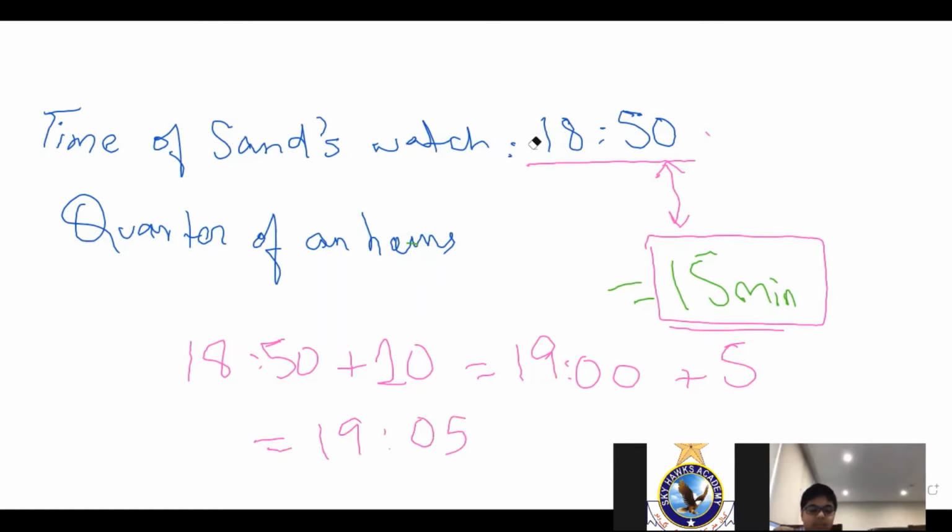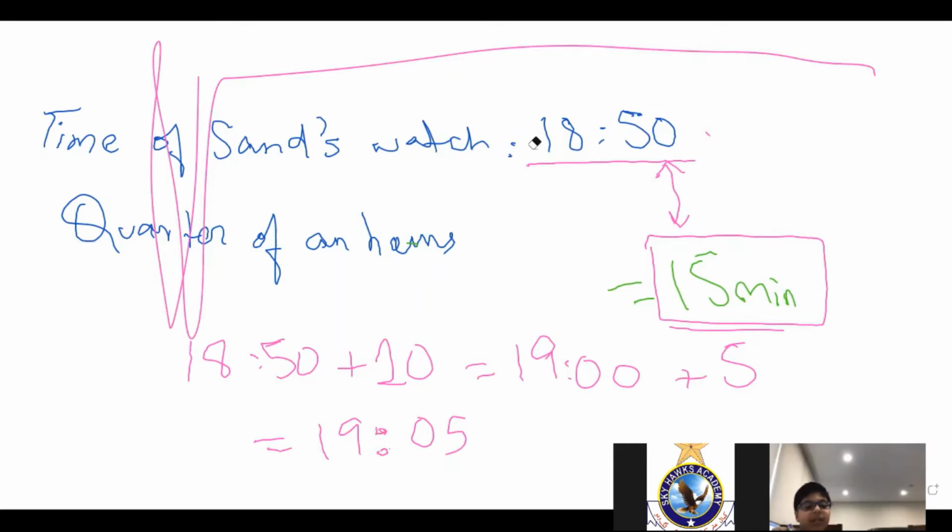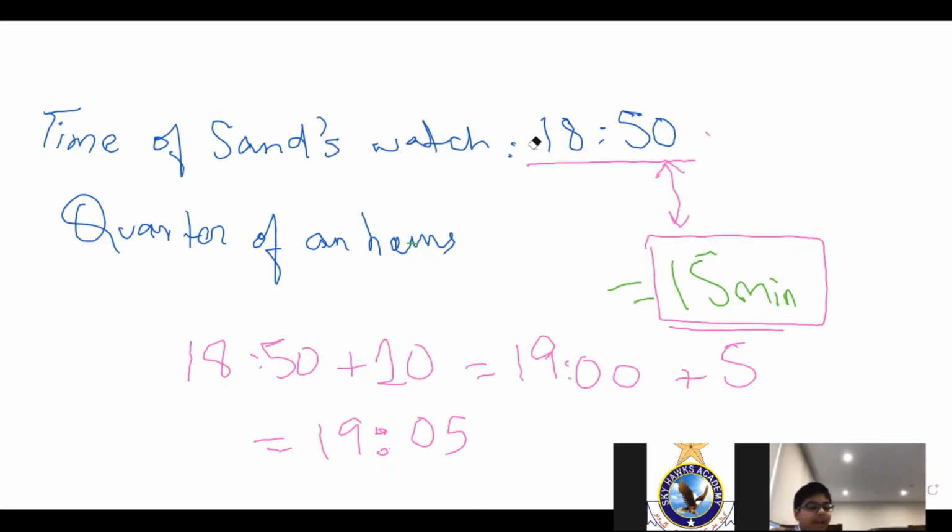Is it clear? If it were not in the 24-hour clock, in the 12-hour format, we would have 7:05. Very good. Now your thinking skills are increasing. It will become 7:05. Is it clear to you? Any query in this question?